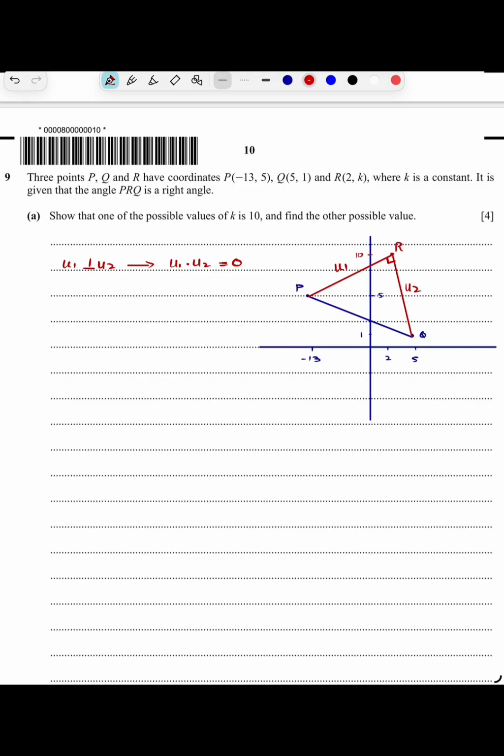The reason being, a cos 90 degrees is equal to 0. That is why the inner product should be equal to 0.